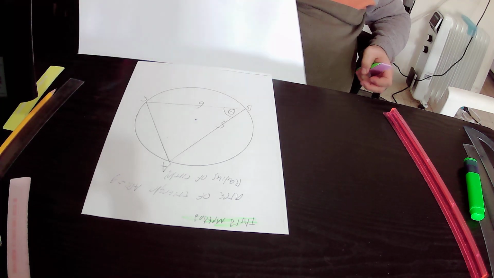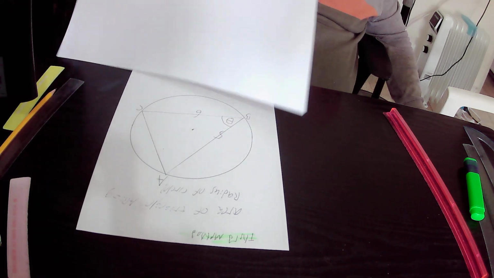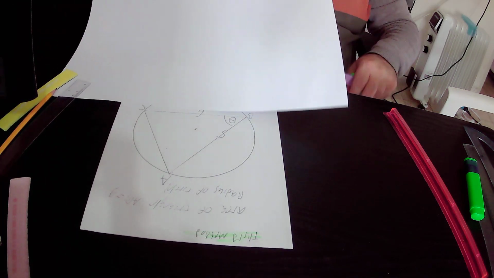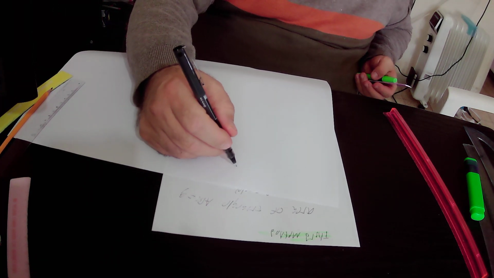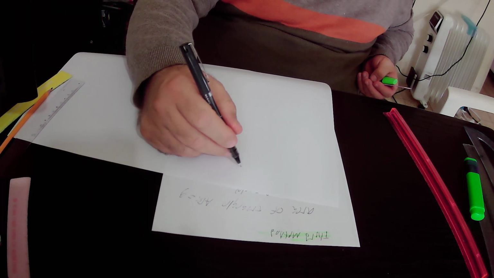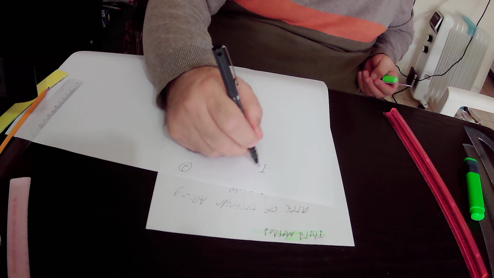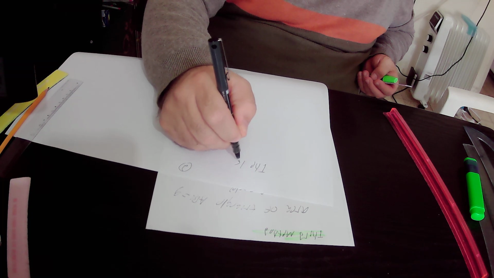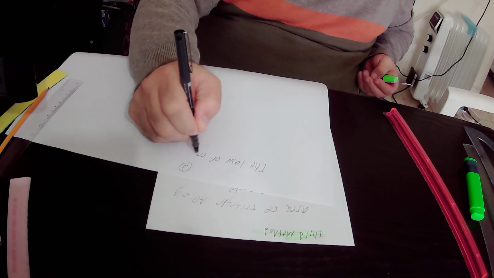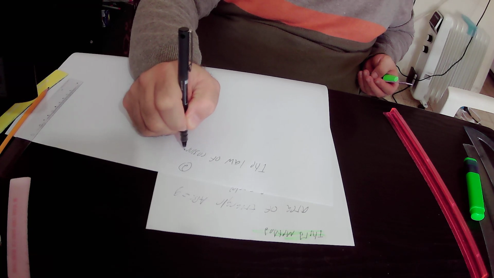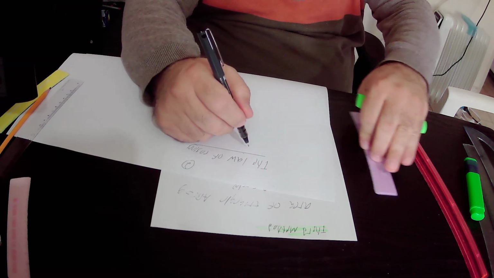I'll repeat the law of cosines. The law of cosines is true in any triangle. So if we have triangle ABC, that could be any triangle.